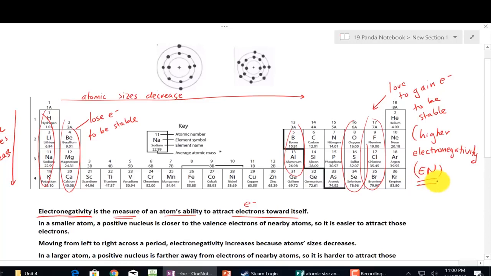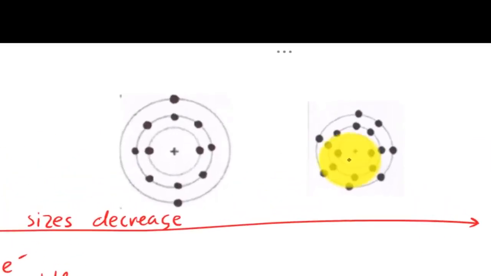Now let's look at the trend for electronegativity. What we notice is that all the atoms over here are very small compared to this side. In a smaller atom, you need to imagine that inside here we have a positive proton, and from that positive going outside, we have our radius.